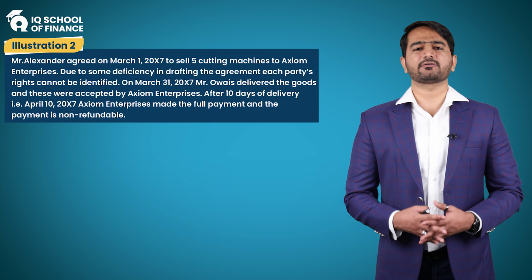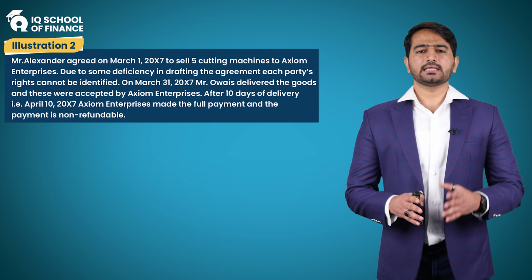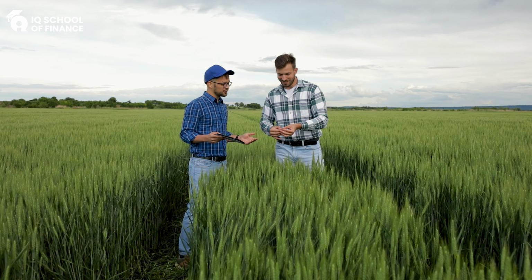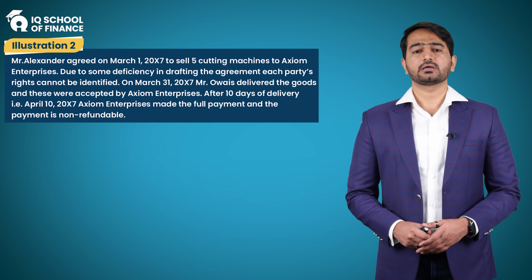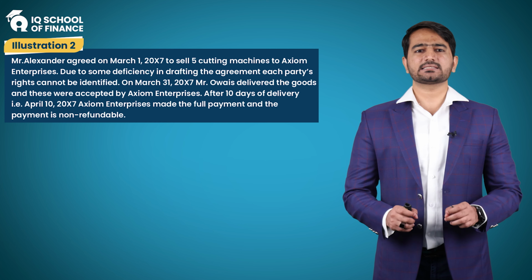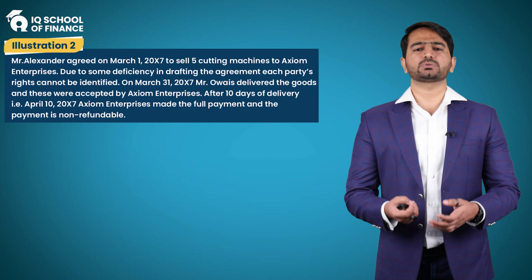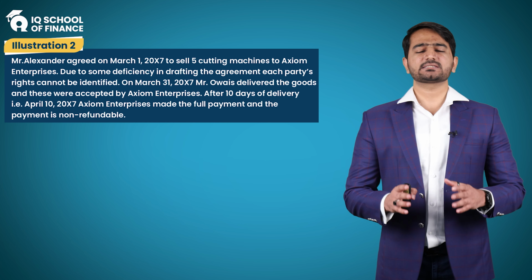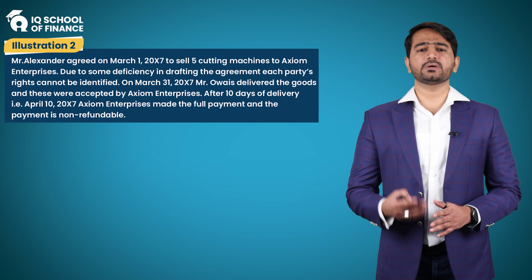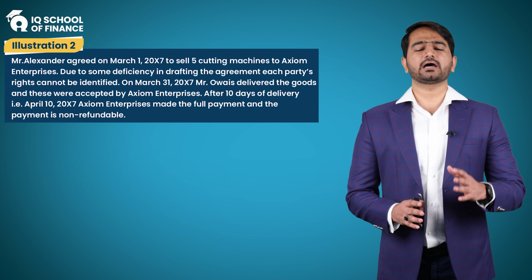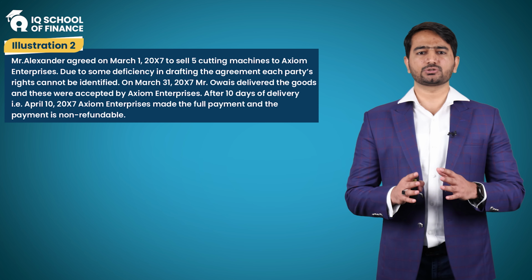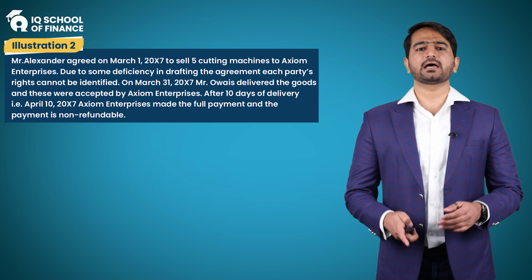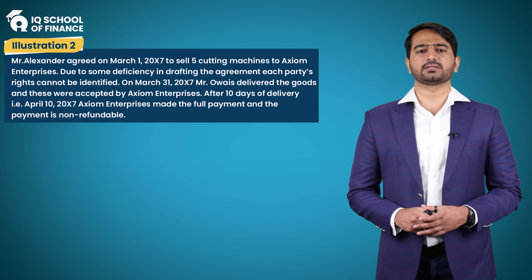Now, in this example, there is an agreement between Mr. Alexander and Exim Enterprises on 1st March 2007. Under the agreement, Mr. Alexander has to supply the cutting machines to Exim Enterprises. But there is some deficiency in drafting the contract, due to which the rights of the parties are not identified. This means that the criteria of the contract under IFRS 15 are not fulfilled, so we cannot apply the 5-step model of IFRS 15.